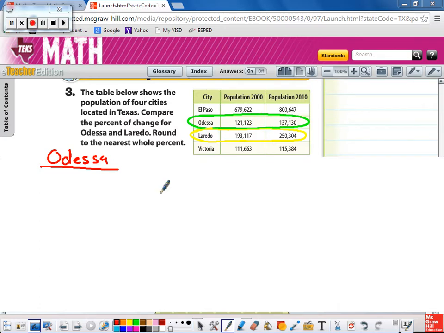So I'm going to take my two numbers, 137,130, and subtract my original, which is 121,123. That is going to give me an increase of 16,007. Now that's for Odessa.